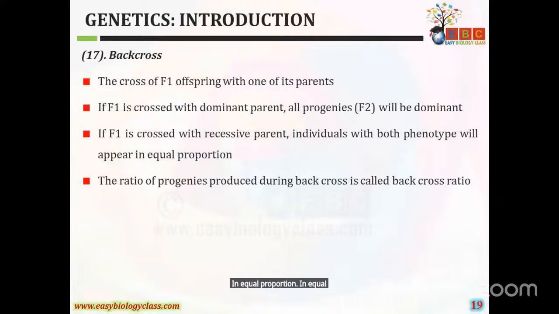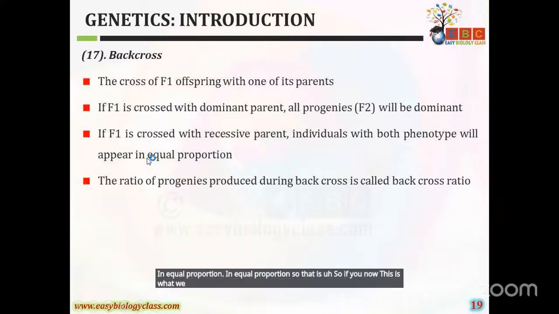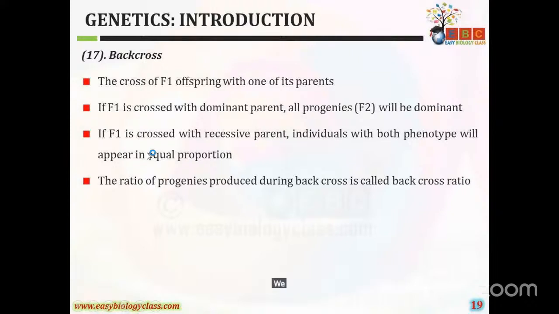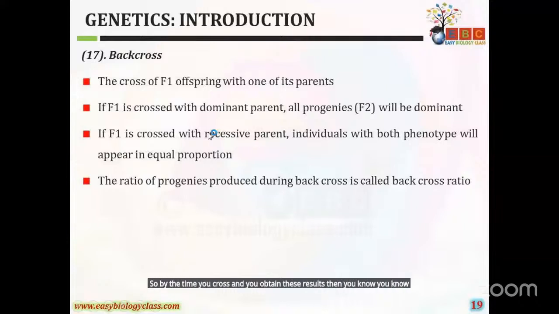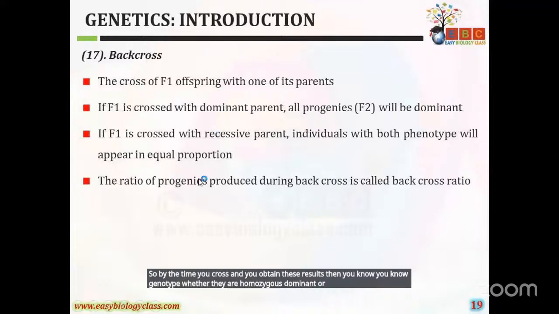So this is what we use in test cross. We want to know whether the progeny of F1 are homozygous dominant or heterozygous dominant. So by the time you cross and you obtain these results, then you know their genotype, whether they are homozygous dominant or heterozygous, as the case may be.